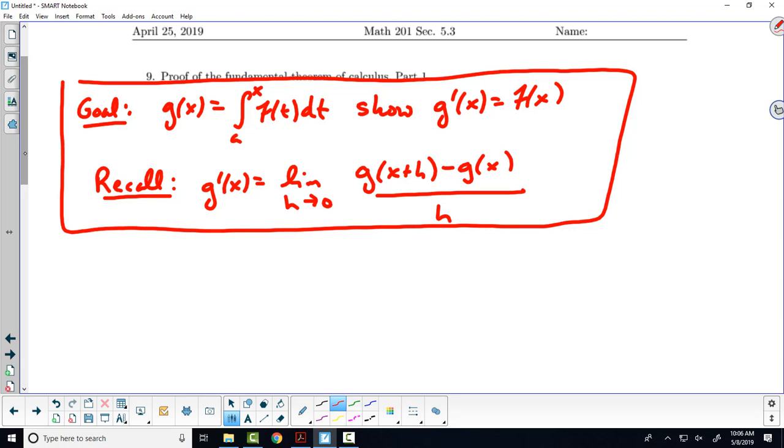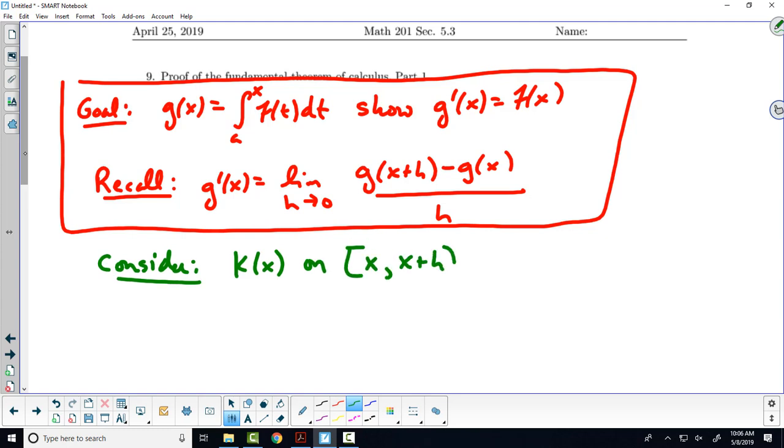Before we do that, I want to say at least one other thing. I want to kind of prime us for this. So the next thing I want to say is let's just consider some random function here. Let's call it k of x. And k of x, let's say, is defined on the interval from x to x plus h for a given h.